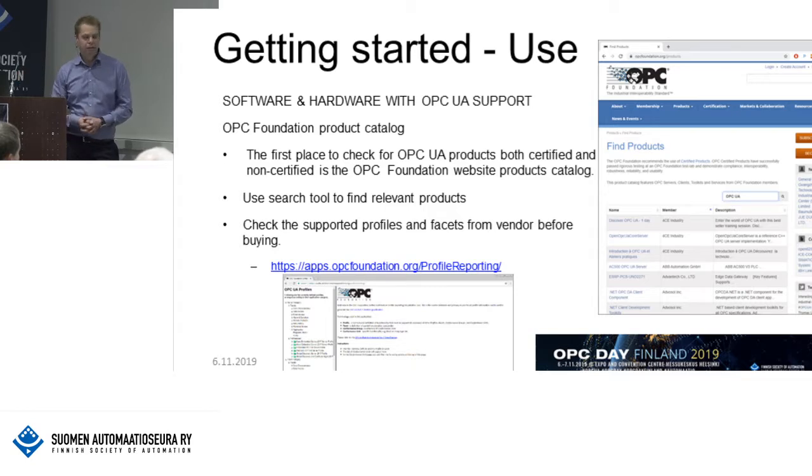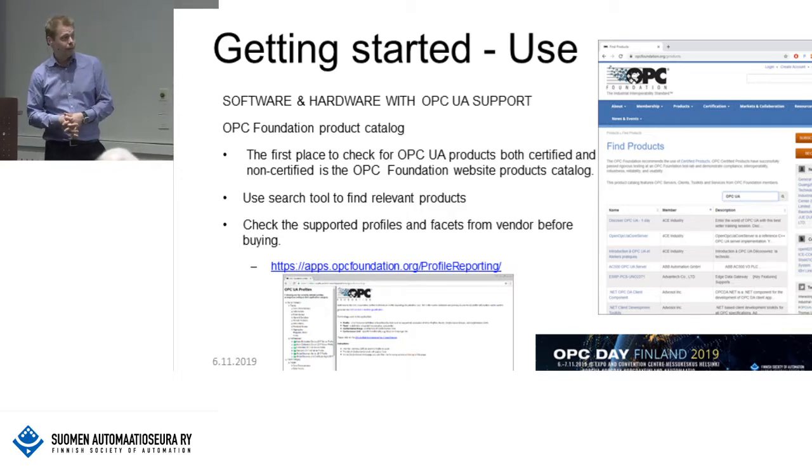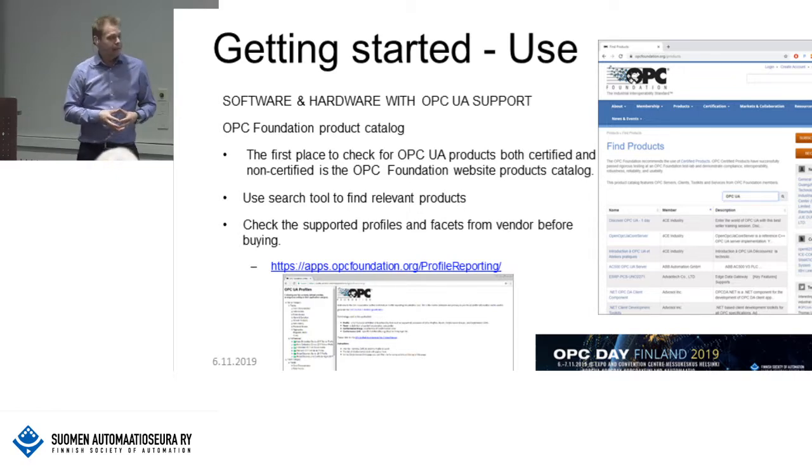Now, once you decide to start using OPC UA, how to find products? Well, once again, I think we have already discussed this in the previous presentations, but the OPC Foundation website has a product listing. There is a listing for certified products, but there is also a listing for products that are not certified.